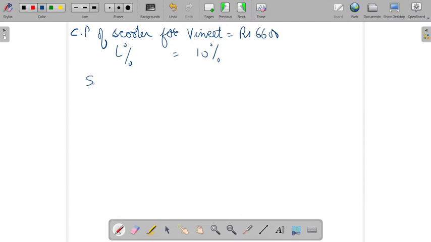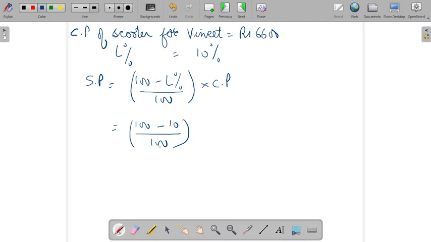So we will find out the selling price. 100 minus loss percent upon 100 multiply CP. So this is 100 minus 10 upon 100 multiply 6600. So this is 90 upon 100 multiply 6600, cancel it. So 90 multiply 66. So this would be how much?